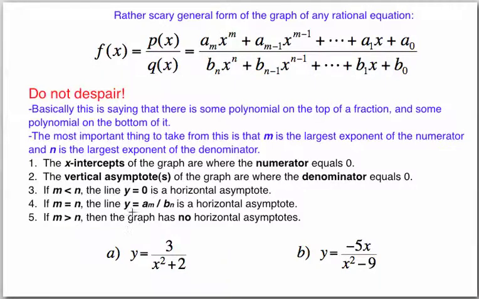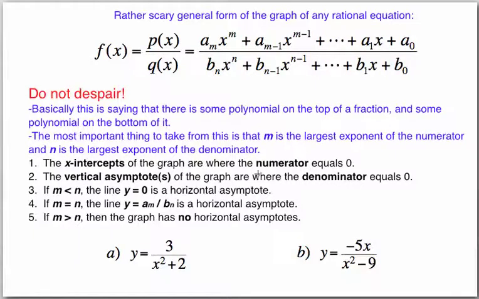So just a quick going over of the kinds of things that you can tell from this kind of equation. The x-intercepts are always where the numerator equals 0. So just look at the top of your equation and set it equal to 0, and that will give you all of the x-intercepts of the graph. Another thing we can tell is the vertical asymptote.